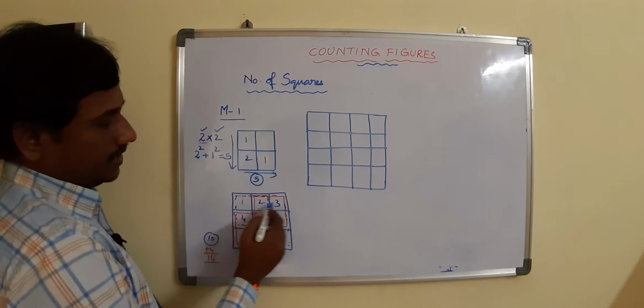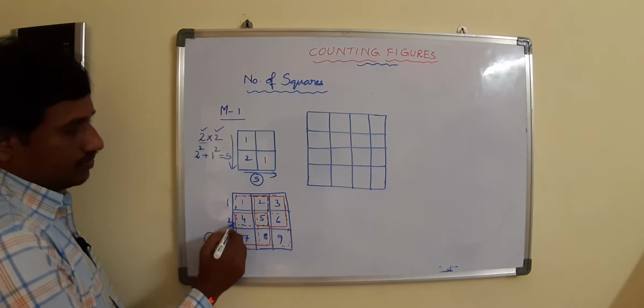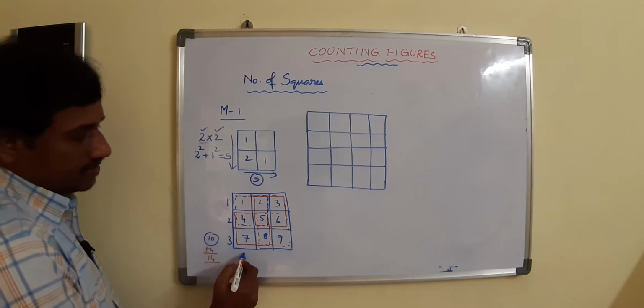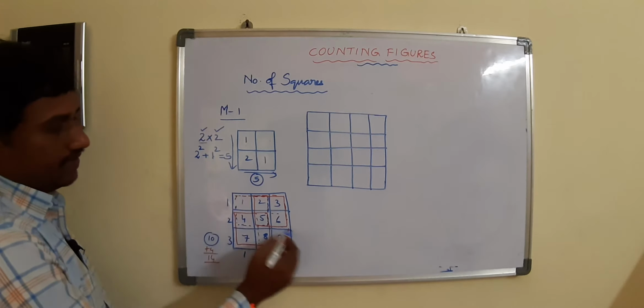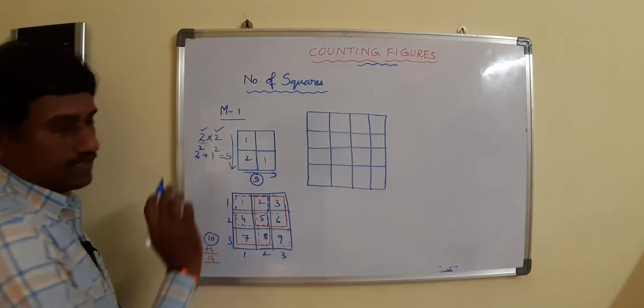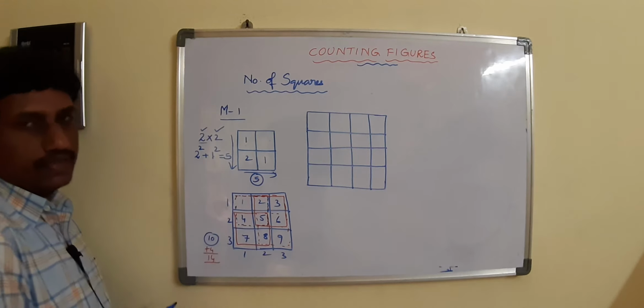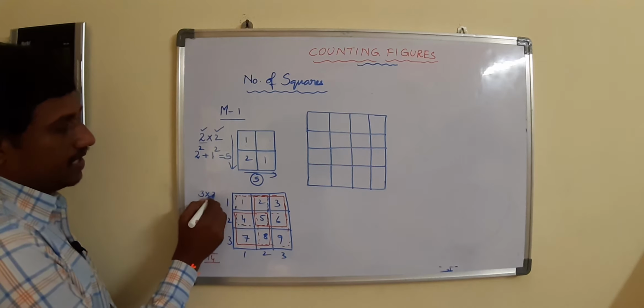Now if you observe here, total column wise we are having equal or not? 1, 2, 3. Yes, 3 squares. 1, 2, 3. That means 3 rows we are having, at the same time 3 columns. That means row wise we are having 3 squares, column wise we are having 3 small squares. That means you can take this as a 3 by 3 matrix.